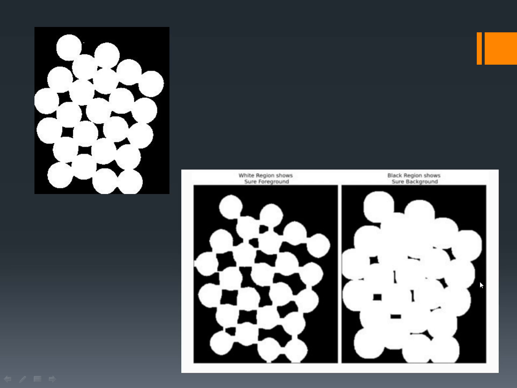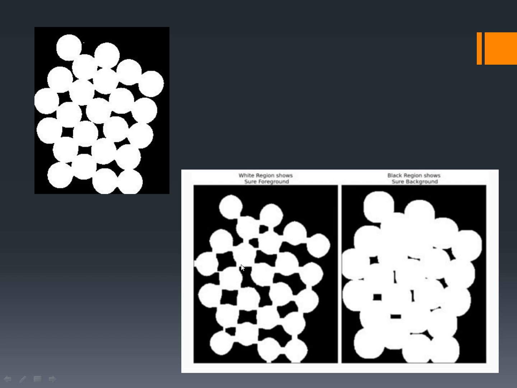We are sure that this value is 1, but for the values which are 0 over here, or 1 over here, we are still not sure that it is foreground. For the foreground, if erosion is done, the size gets reduced and we are sure that this is the foreground.